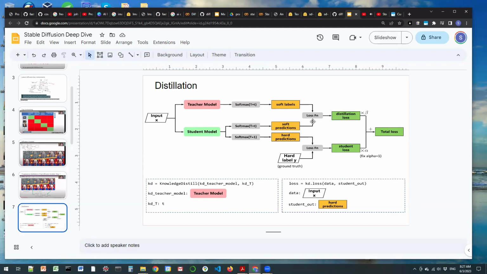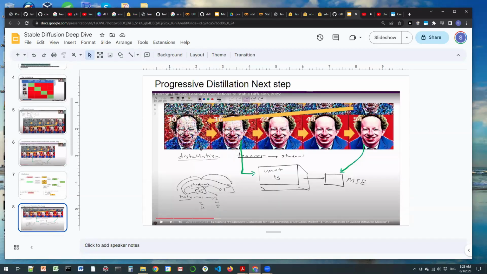There are a lot more details. You can look up papers on distillation and how that is used to train a student model based on a much more complex teacher model. So essentially what he explains in the next slide is that what is done in the progressive distillation paper is they first train a student model to predict a couple of steps.